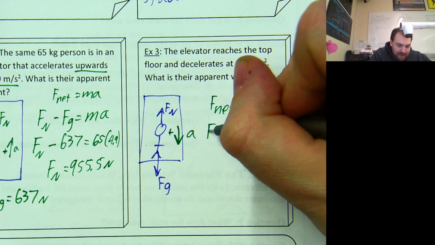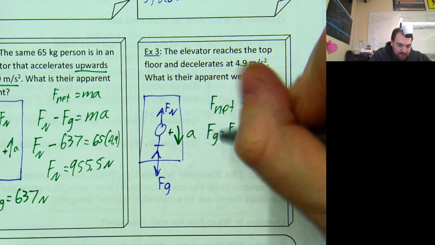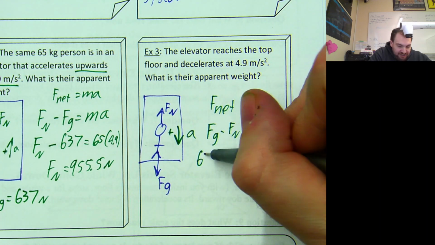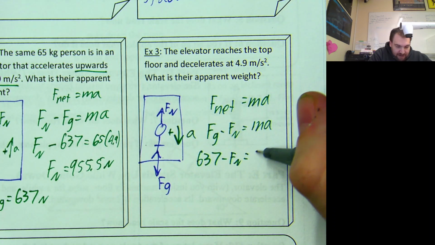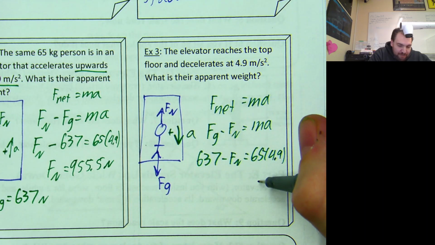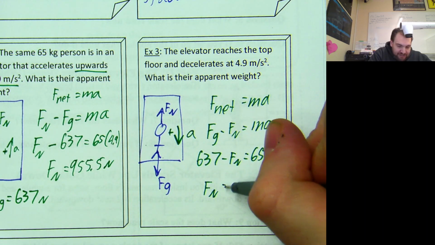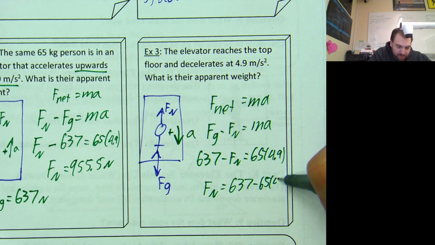So it's now going to be Fg minus Fn equals ma. Fg is still 637 minus Fn equals 65 times 4.9. So now my Fn is going to equal 637 minus 65 times 4.9.